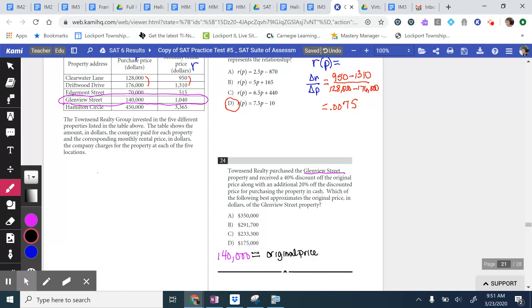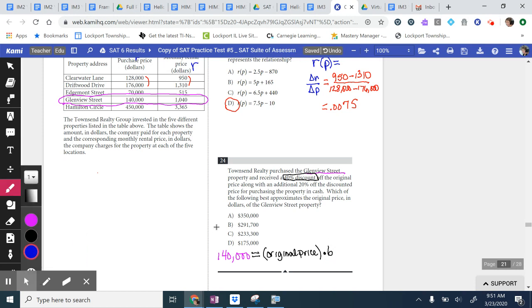Now, what I think is helpful is to think about not how much money was taken off the price. While that's important, it's what we didn't pay. I think we should focus on what we ended up paying, because that's going to give us the original price. So if we got a 40% discount, that means I only paid 60% of that original price.